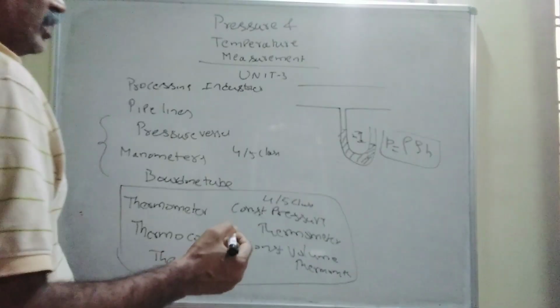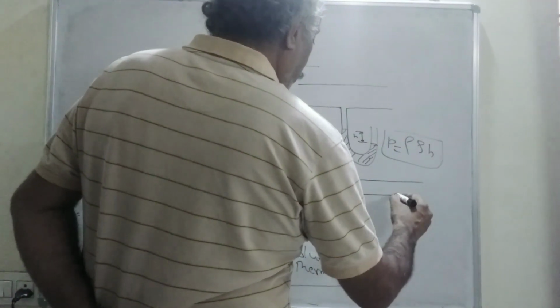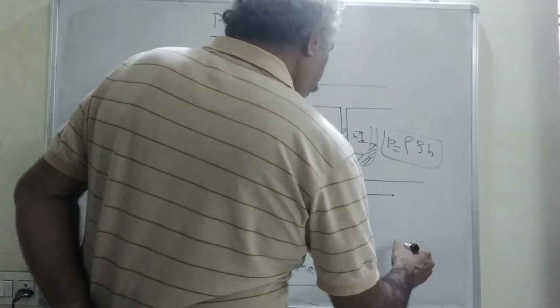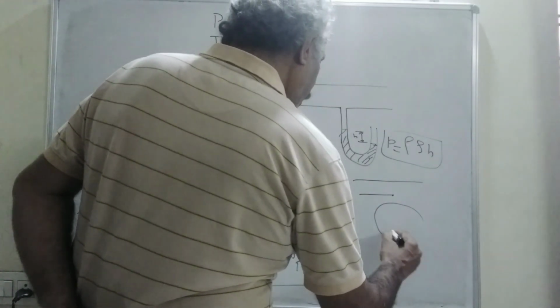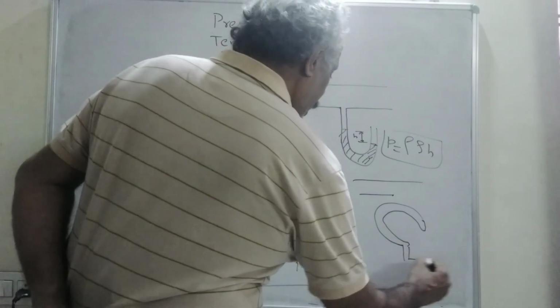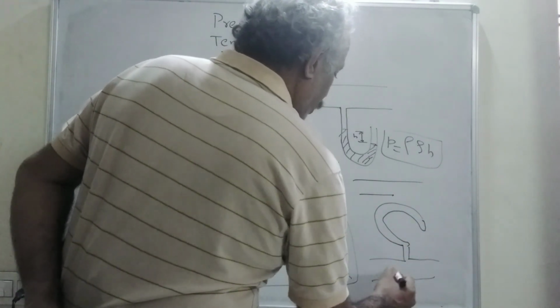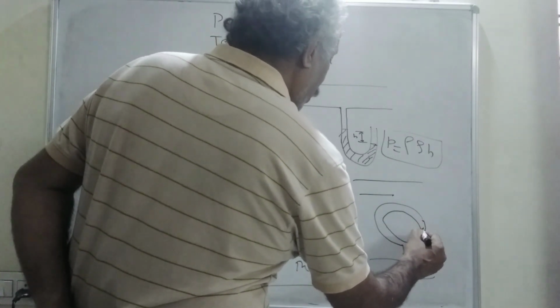And apart from this, the Bourdon tube. The Bourdon tube is a tube. For example, some tube will be there, and this tube is connected to a pipeline. So the fluid flows through this tube and this one end will be in motion.